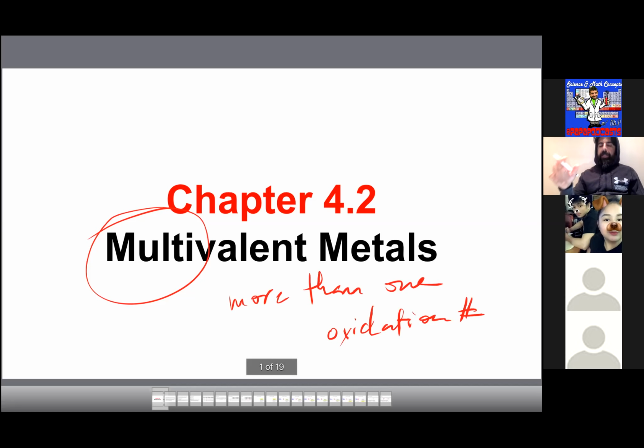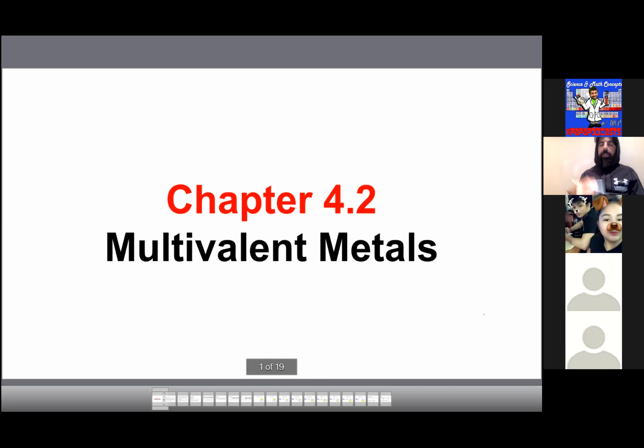So these are multivalent metals. These multivalent metals have a special way in which we name them, so we can address which charge or which oxidation number we are going to use.